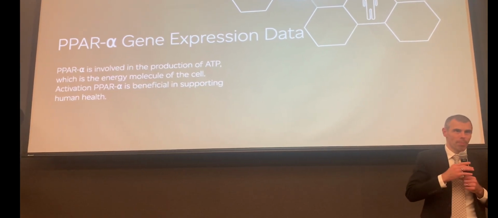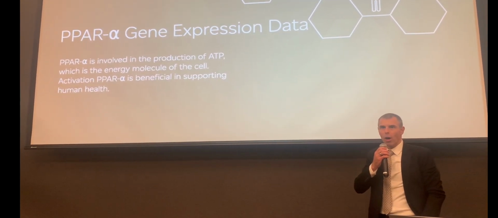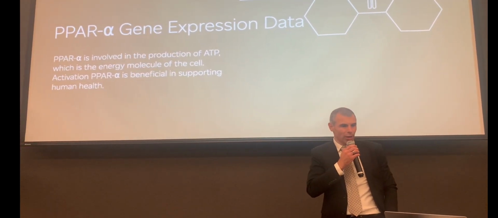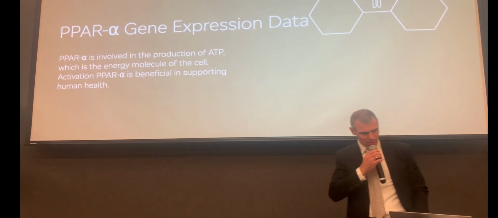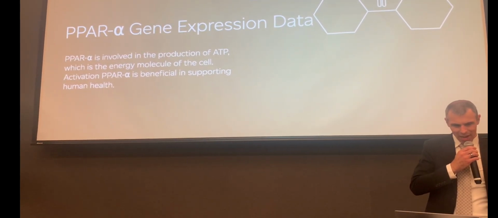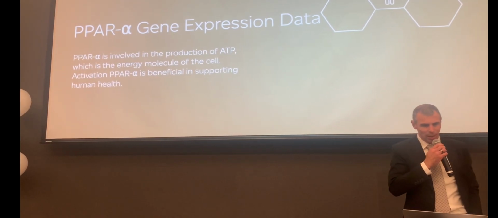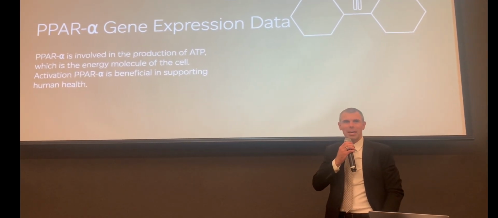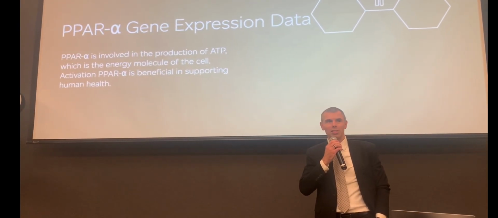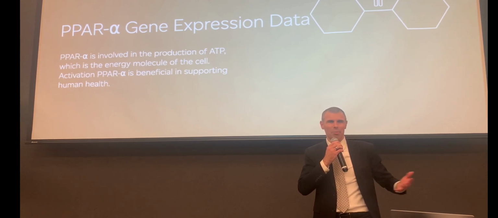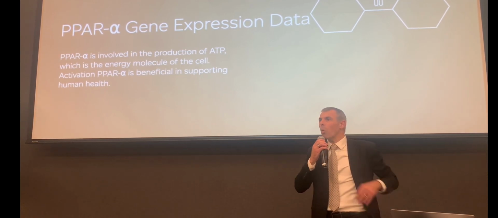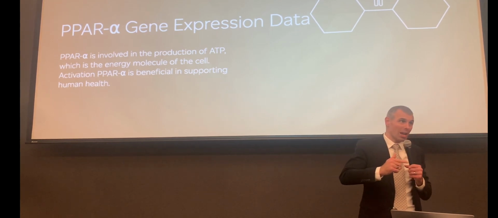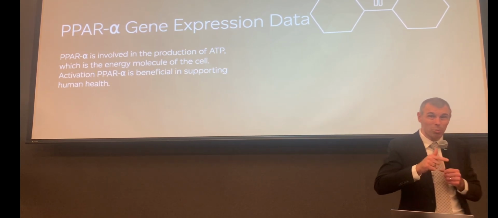PPAR alpha, peroxisome proliferator-activated receptor alpha, I don't know, something like that. PPAR alpha is a really important gene. You know, in biochemistry, we never say the whole name, right? PPAR alpha, really important for producing ATP. As I mentioned, ATP is the energy molecule of the body.